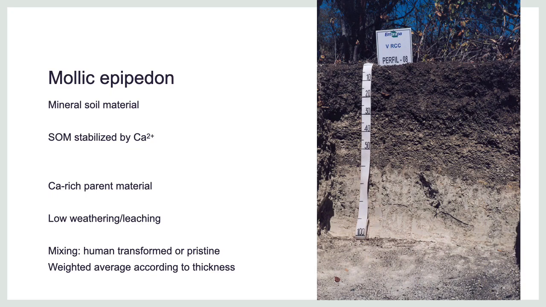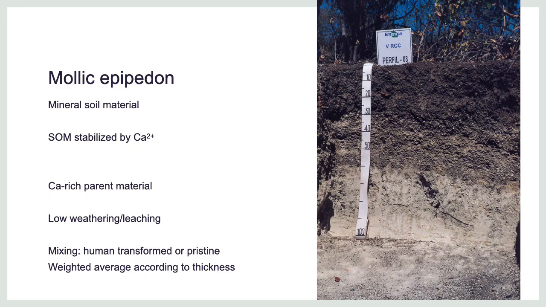Something that's quite interesting too is that humans can produce Mollic patterns, okay? Humans can transform materials in some soils, and they can increase the calcium content and produce some Mollic patterns.